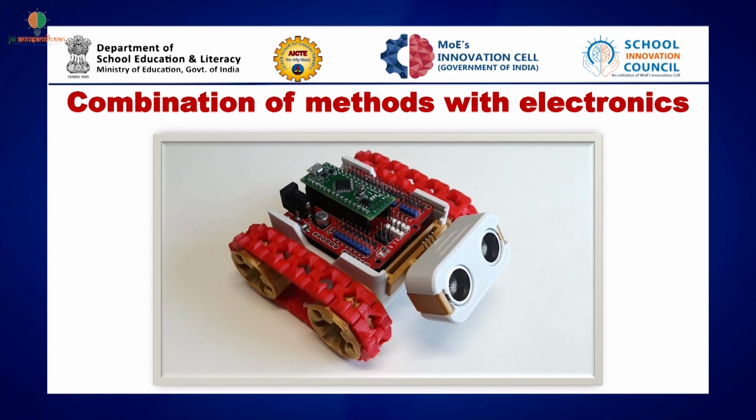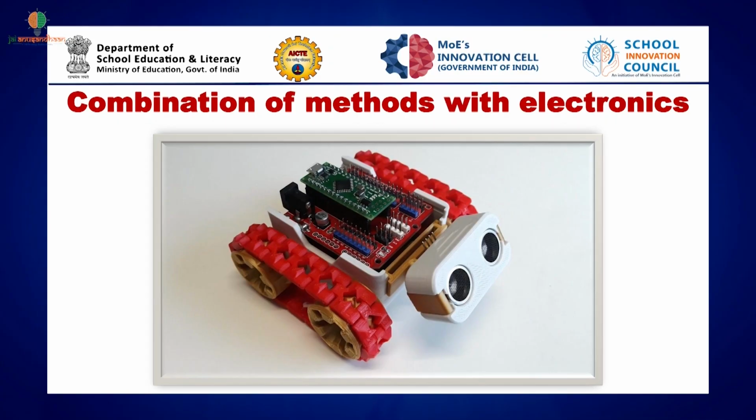Similarly, you can use a combination of all of these methods in order to build your prototypes. So, for example, if we look at this image, the track belt is a 3D printed part, the chassis, etc., are laser cut, the front rectangular shape of your robot is also 3D printed.